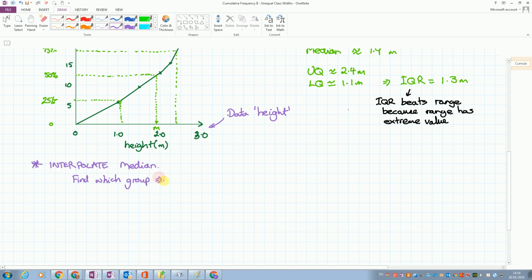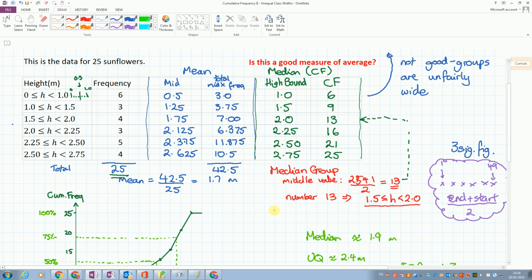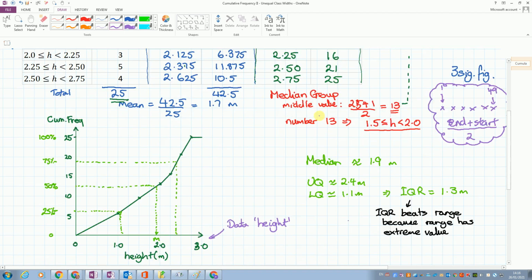Okay, so we look at the group, and the group the median is in, we know, is this group 1.5 to 2, and it had values from 9 to 13.